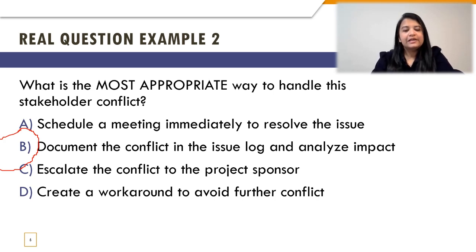Talking about option D, it is to create a workaround to avoid further conflict. So D is actually avoiding rather than addressing the issue, based on the wording mentioned here. So for this particular question, eliminating all the other options, which are A, C, and D, the correct option is option B.